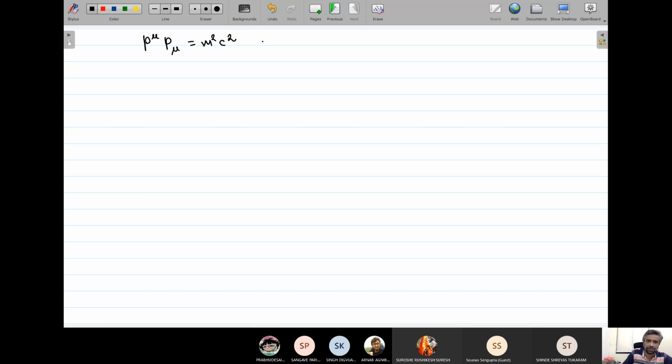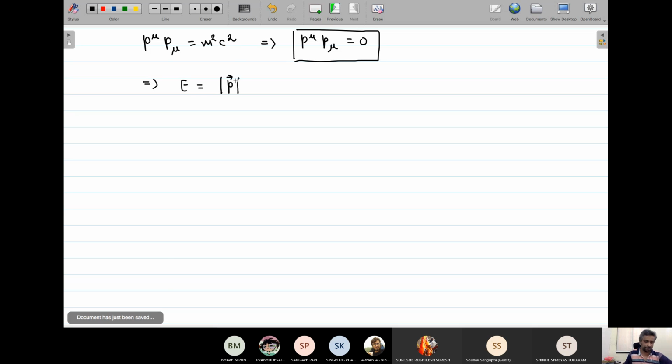For m equal to 0, this implies p mu p mu equal to 0. So from this relation you will see that E is basically this, apart from a factor of c square.